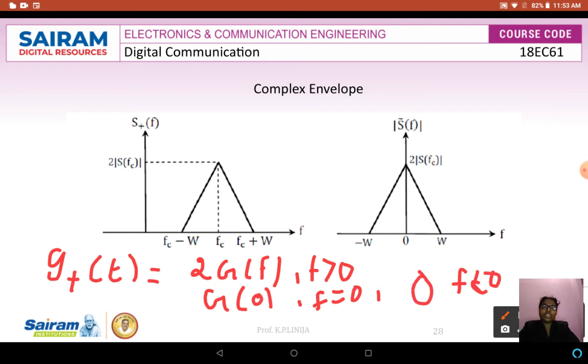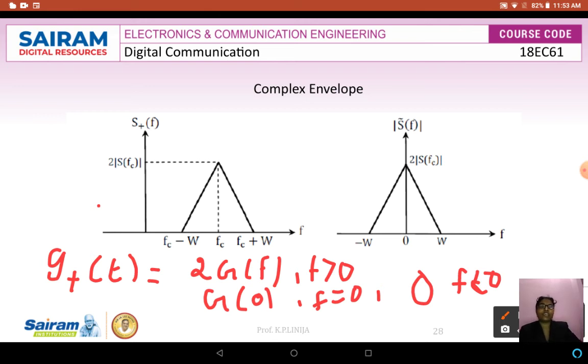Using this expression, we have represented the magnitude spectrum of the pre-envelope, that is S plus of f. Then this is the complex envelope and its magnitude. Applying the frequency shifting property of the Fourier transform, the spectrum of the complex envelope S bar of t is limited to minus W to plus W, and it is centered at the origin.